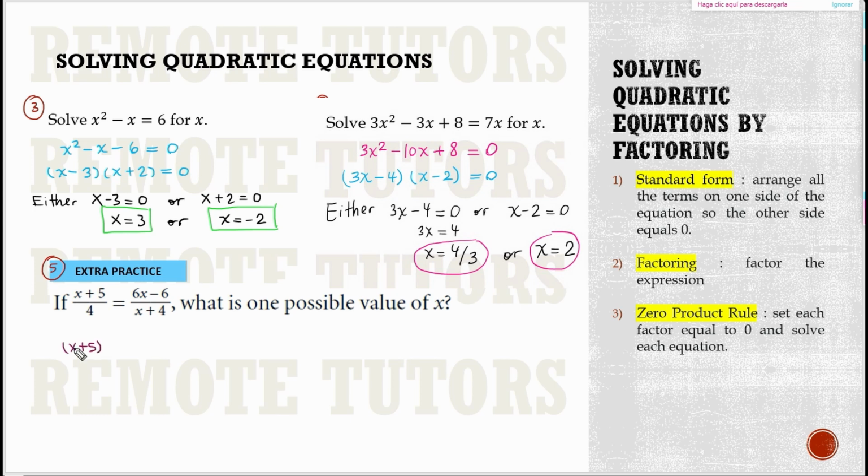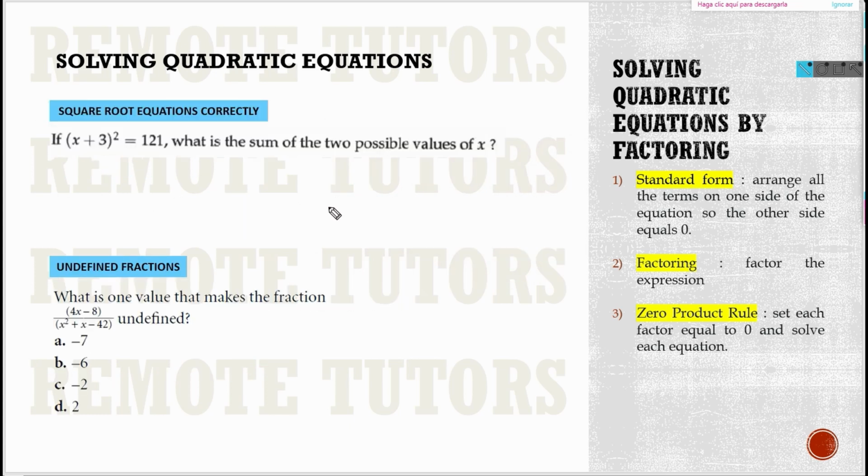Okay, so that's going to be (x plus 5) times (x plus 4) is equal to 4 times (6x minus 6), and then you will just simplify each side. x squared plus 4x plus 5x plus 20 gives 24x minus 24. Okay, and then you just arrange these like in the standard form, and then you follow the steps.